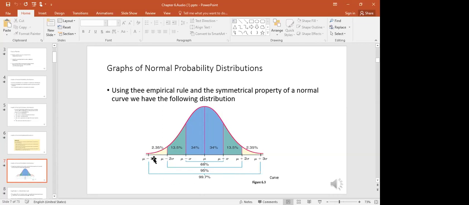Between the second and the third, you have 2.35%. So if you add the values that are to the left, you are close to 50%, which is about 49.85%. So we are not accounting for 0.15% on both sides. So we can say that beyond the second standard deviation, we have 2.5% of values.